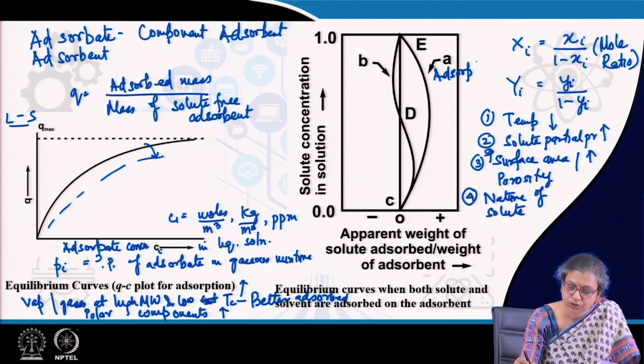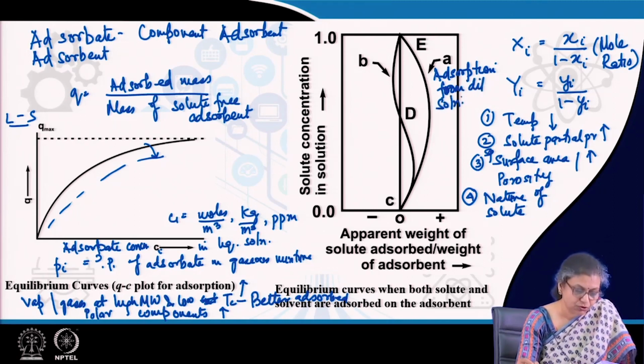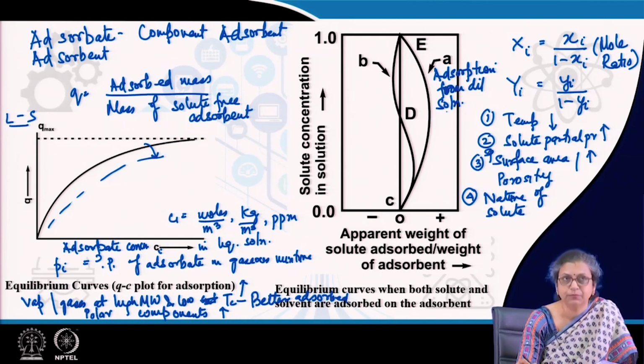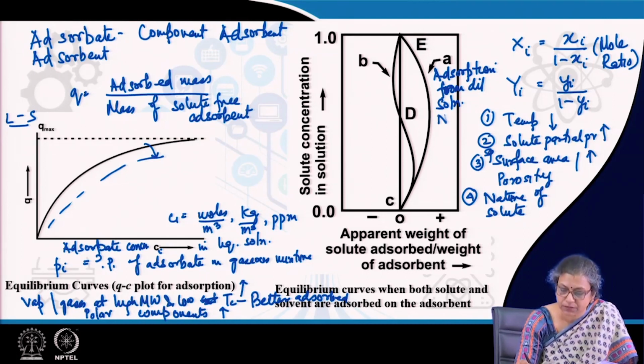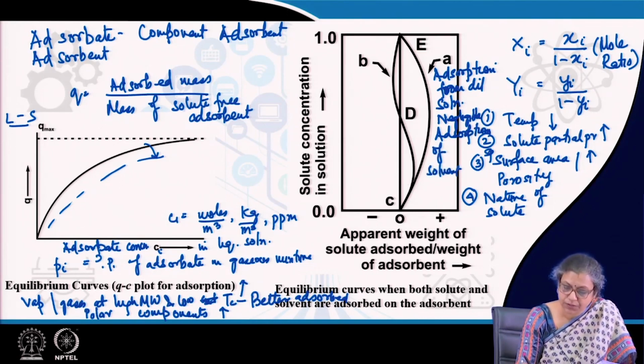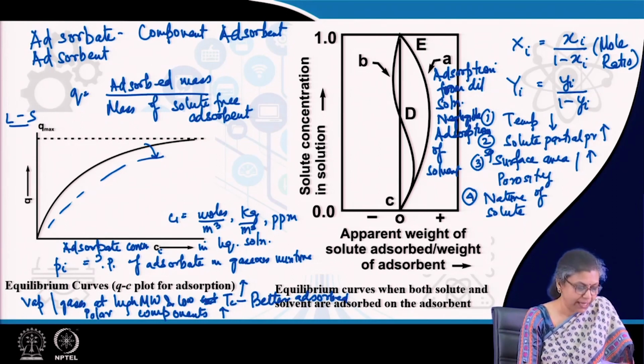The curve which I have drawn in this case, curve A, denotes adsorption from a dilute solution where the solvent is negligibly adsorbed, or in other words negligible adsorption of the solvent. This is the curve which normally happens, the curve that we would expect.